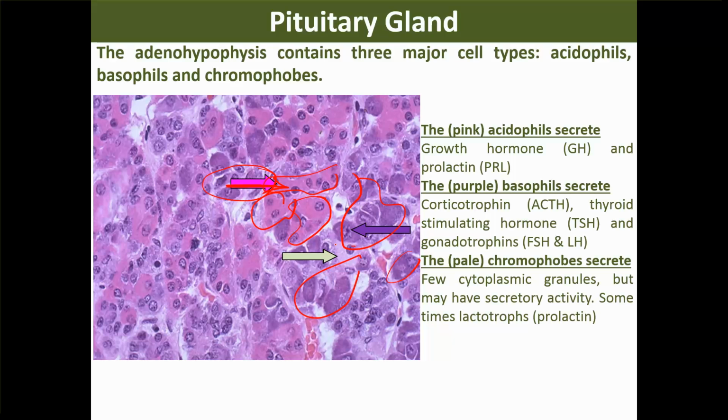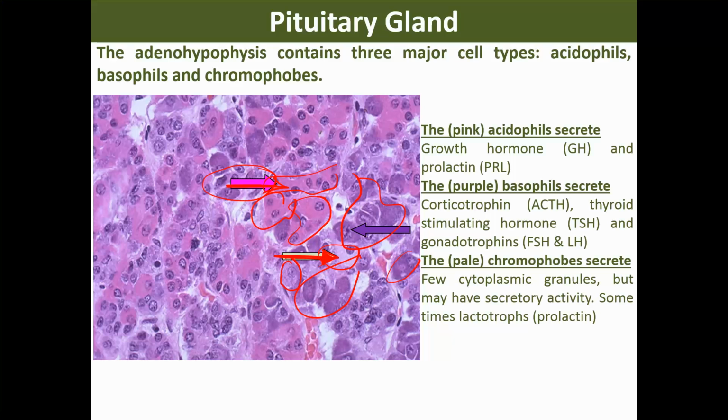And there are some cells which are not taking color, and they are called chromophobes because we mean it like they have phobia towards taking color. So these three look different in appearance by means of color, as well as they functionally differ.